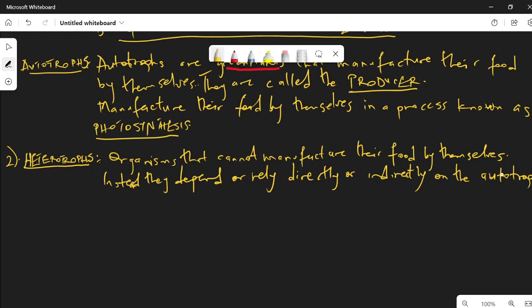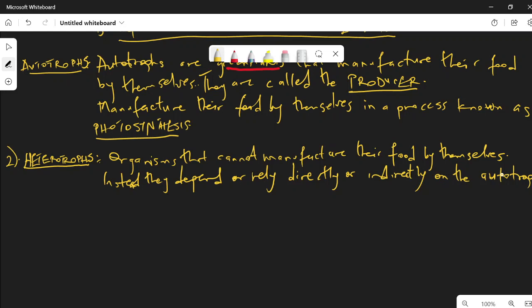Now, when we talk about the heterotrophs, we are talking about organisms that have the ability to feed, but they cannot manufacture their food by themselves, because they are not autotrophs. They are not producers. They are not green plants. So they always wait for the autotrophs to manufacture their food, and then they feed directly or indirectly on the autotrophs.